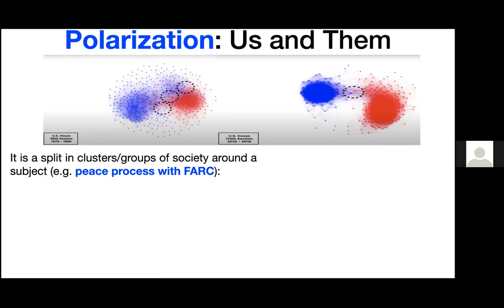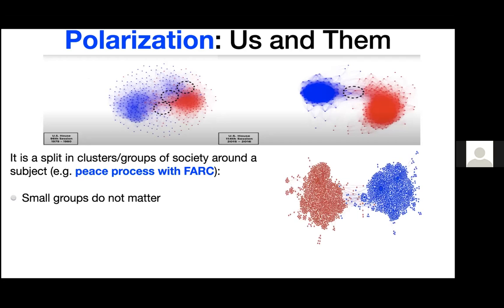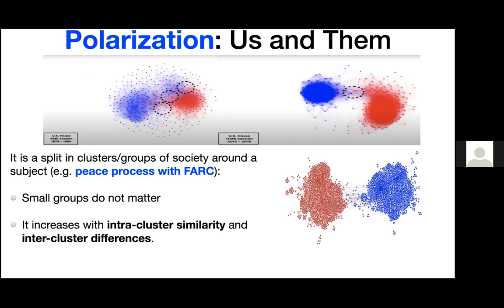Polarization is basically a split of the society into clusters or groups around a given subject. A typical example in Colombia is the peace process with FARC. Small groups do not really matter; to have polarization, you have to have groups of considerable size. And polarization increases with intra-cluster similarity.